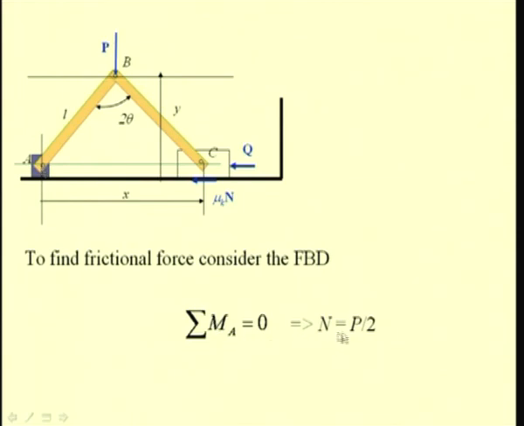We have N is equal to P by 2, because these two forces are passing through this joint A. So, they do not have any moment component.